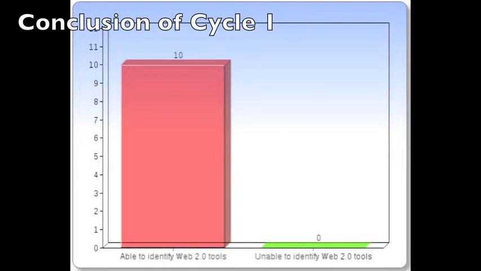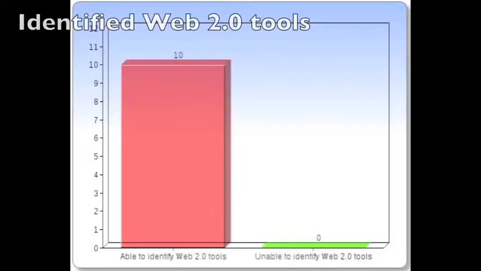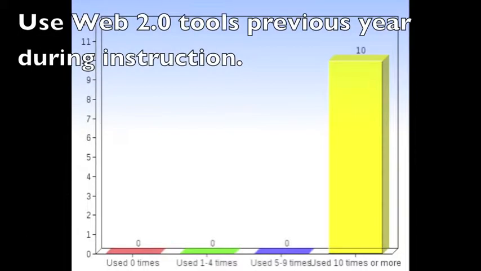At the conclusion of this cycle, 100% of the participants were able to identify Web 2.0 tools, and 60% of the participants that said they did not know or were uncertain of what Web 2.0 tools were used them at least 10 times during instruction the previous school year.